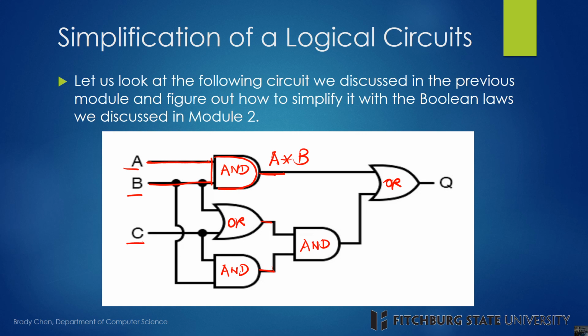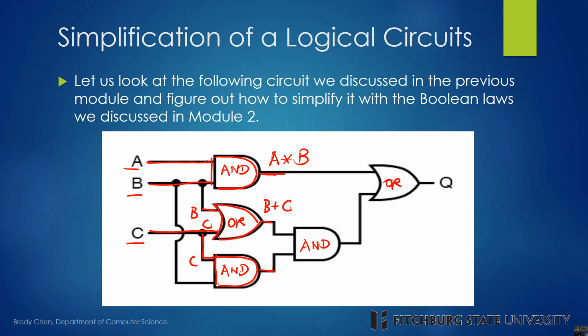And then let's look at the OR gate in the middle. So what is the input? The input is B here, and at the bottom the input is C. So now we have B plus C. And the last one, the bottom one, which is the AND gate.